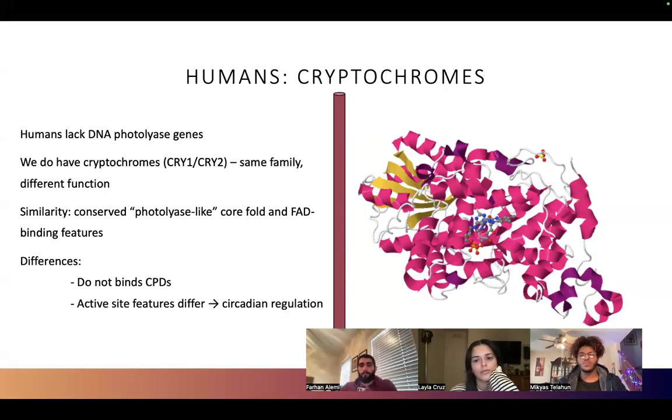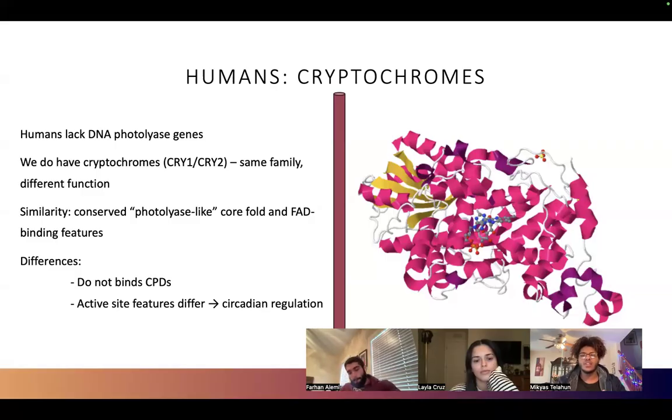The similarities between the two is that there's a core fold that happens between the amino acid of the secondary structure of the alpha and beta, and also there's an FAD binding feature. The differences between the two is that the cryptochromes are not able to repair DNA.